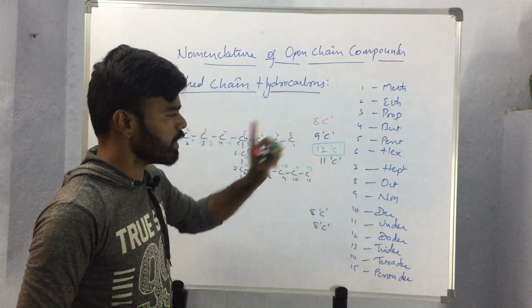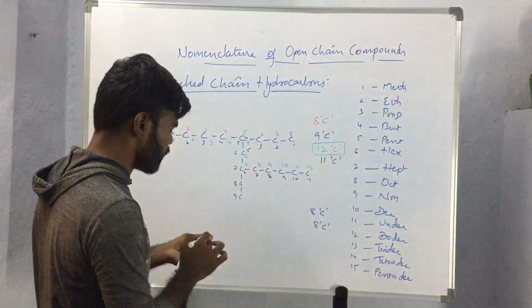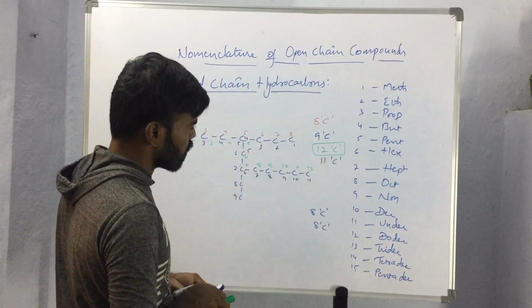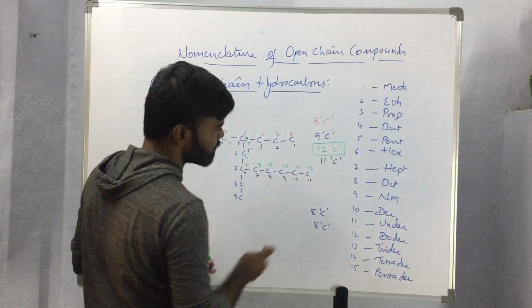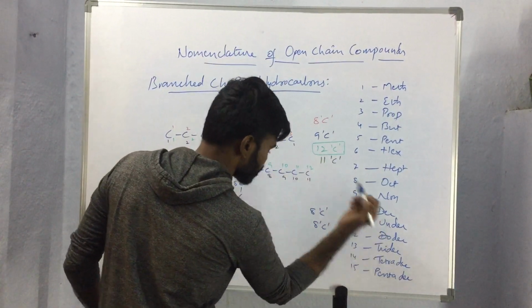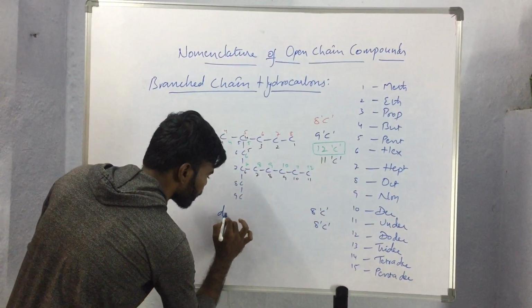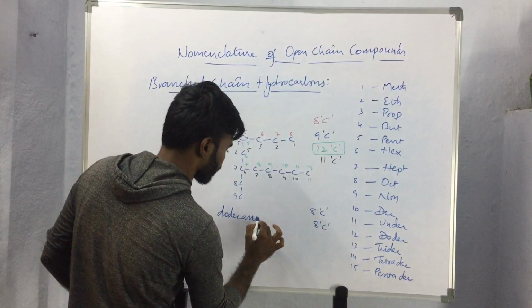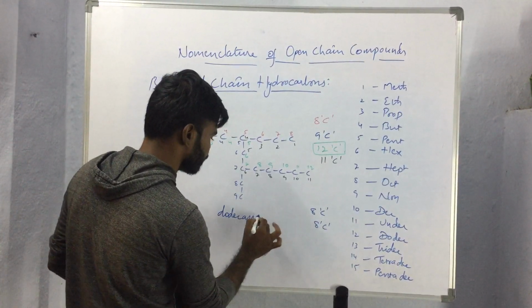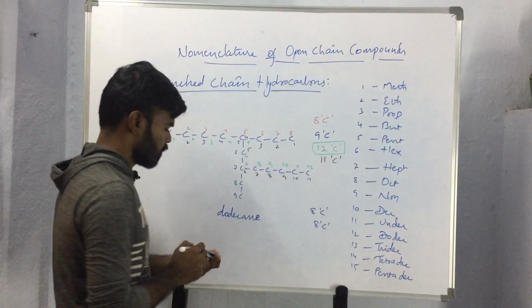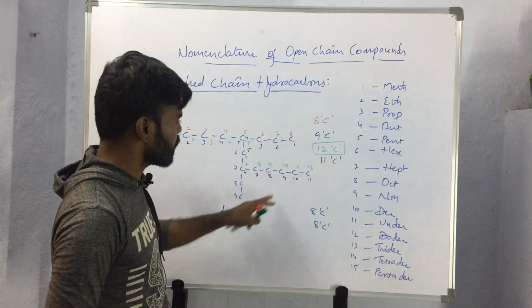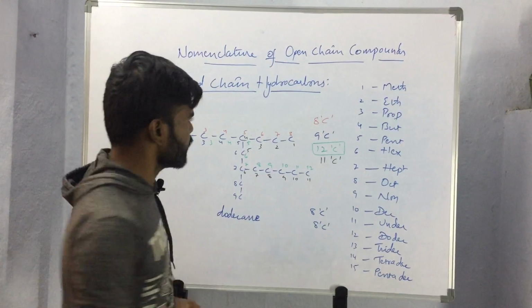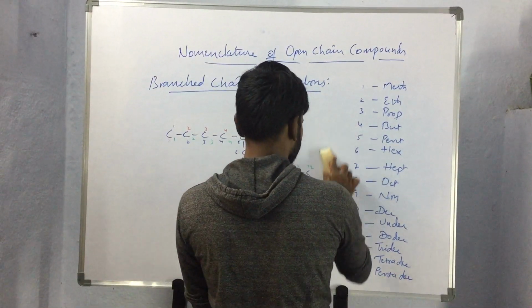So this will be the parent chain, and as it contains 12 carbon atoms, the name of this parent chain will be dodecane. So the name of the parent compound will be dodecane.